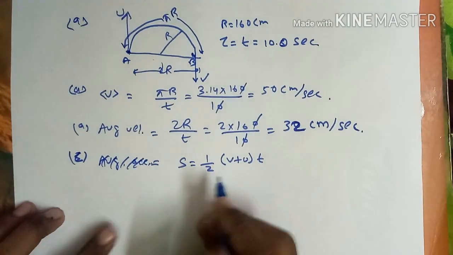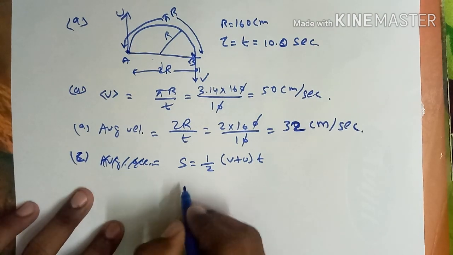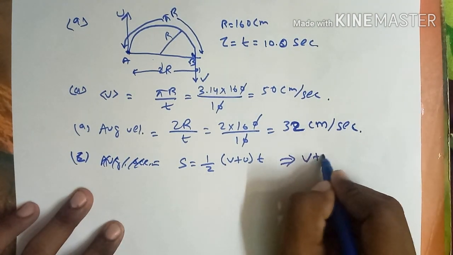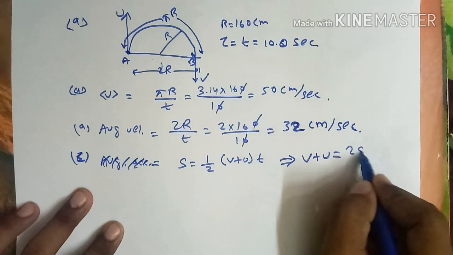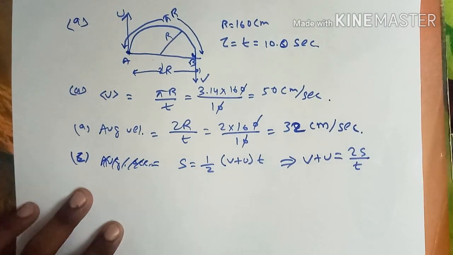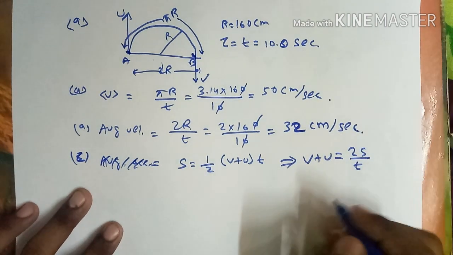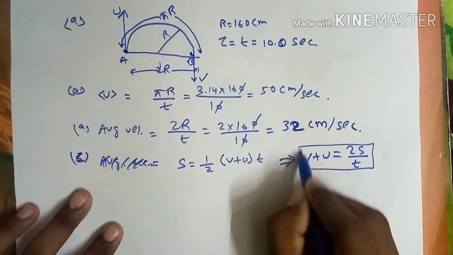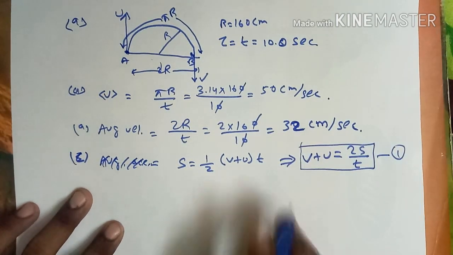So s equals half (v plus u) t. So what is the value of v plus u? v plus u is 2s by t. Simply we solve this and we get 2s by t. Equation 1.